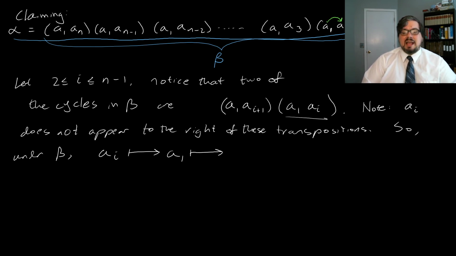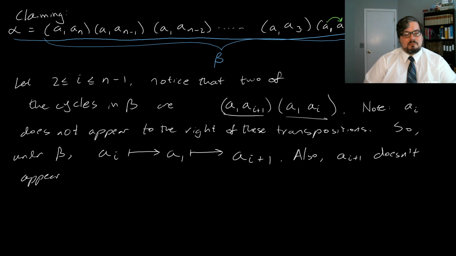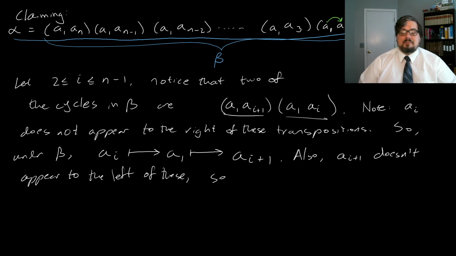And then the very next transposition sends A_1 to A_{i+1}. Furthermore, A_{i+1} doesn't appear to the left of these. So that means that beta sends A_i to A_{i+1}.